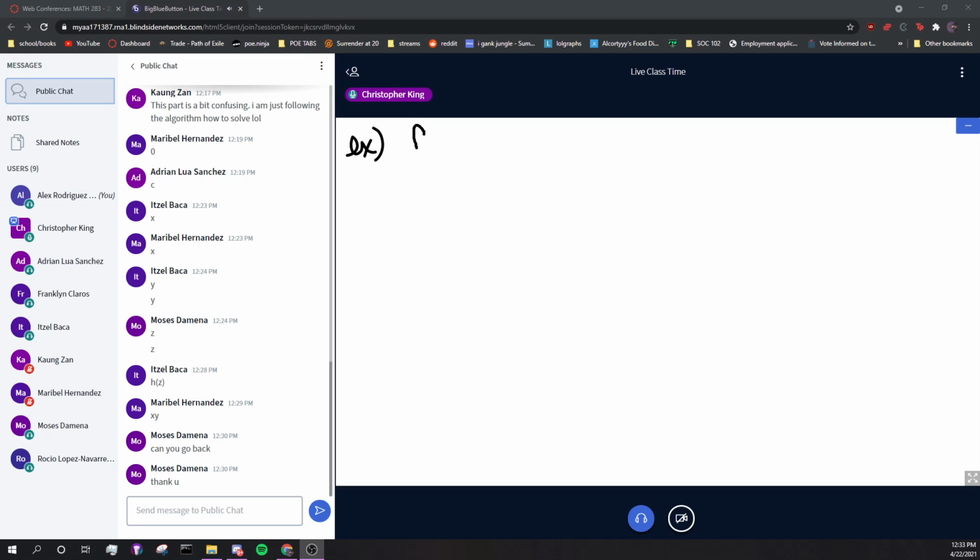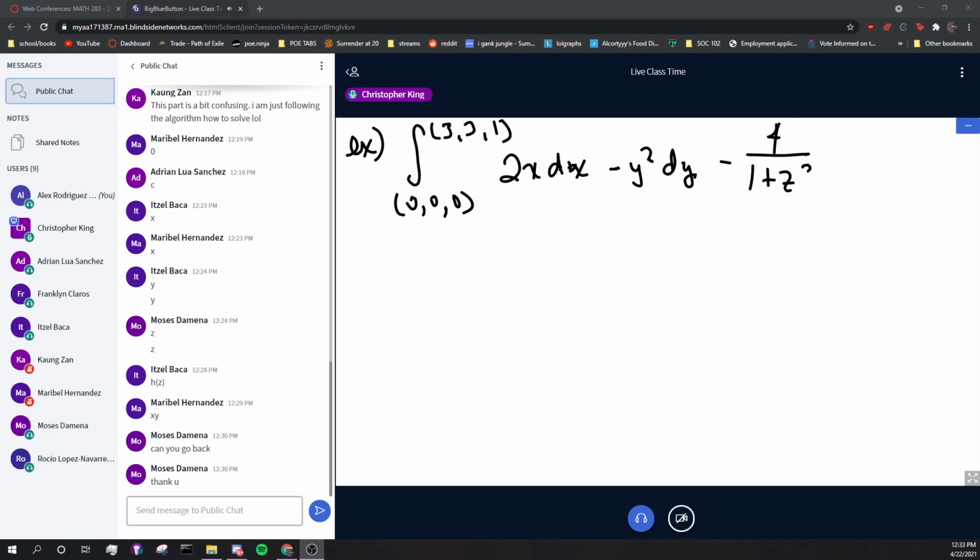We're integrating from (0, 0, 0) to (3, 3, 1) of 2x dx minus y squared dy minus 4 over 1 plus z squared dz.